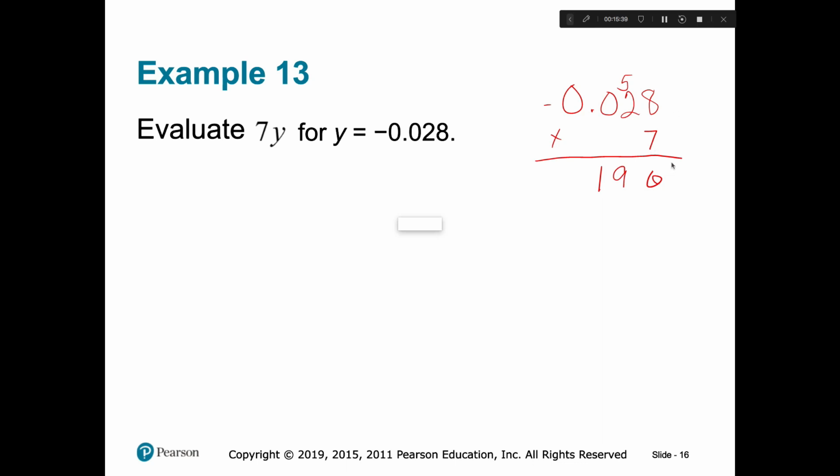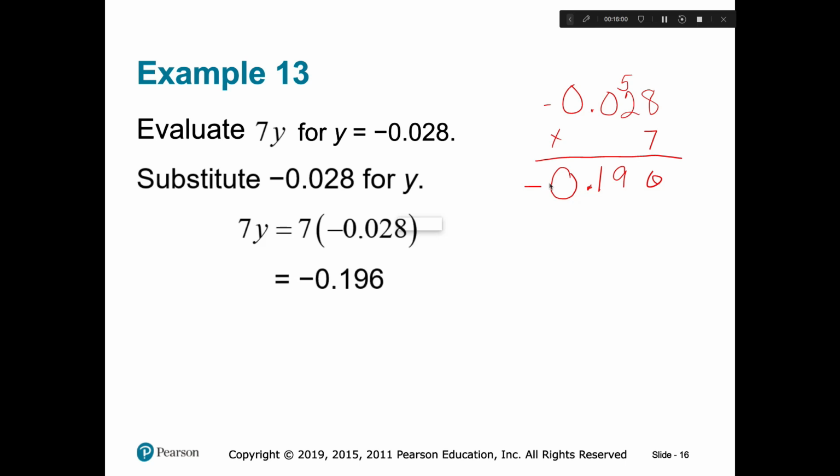So 28 times 7 gives me 196. I multiply that just as if it were a whole number. How many numbers are behind my decimal? 3. So I start at the end of my answer and come over 3. I need to put a 0 in front of my decimal point. What else do I need here? A negative sign.